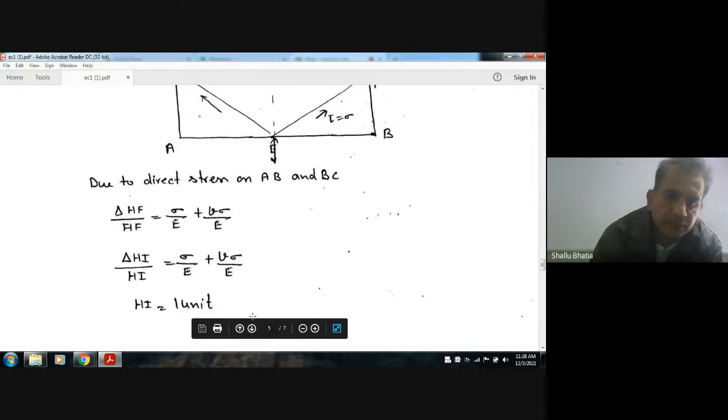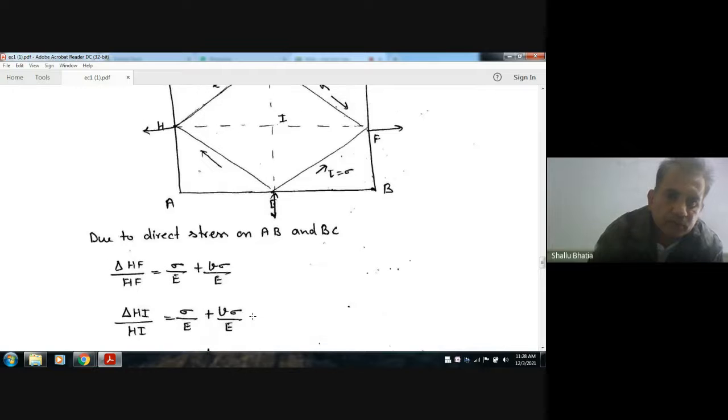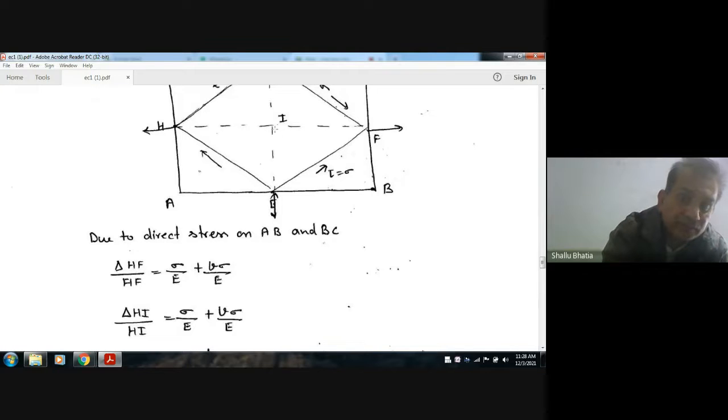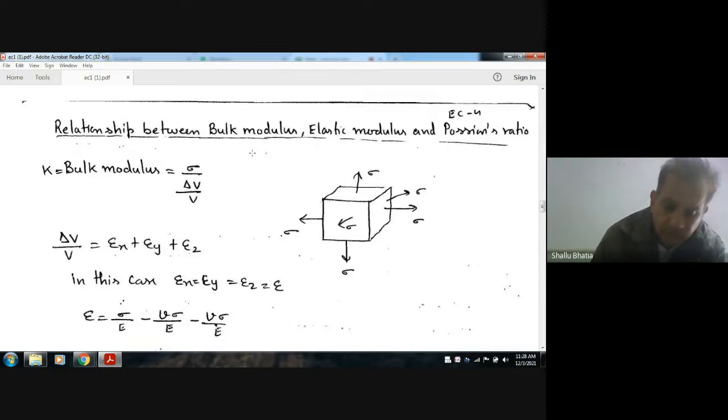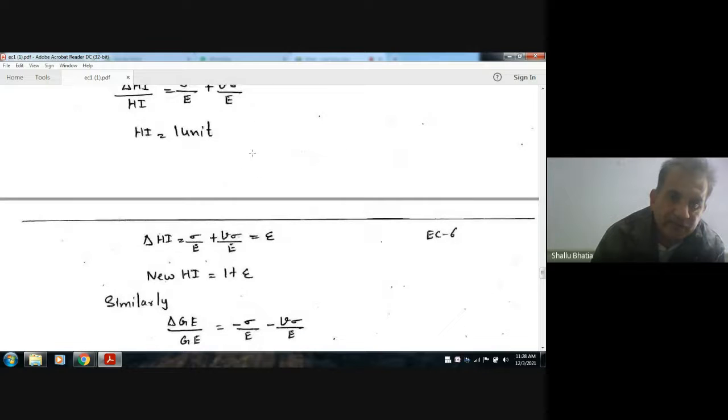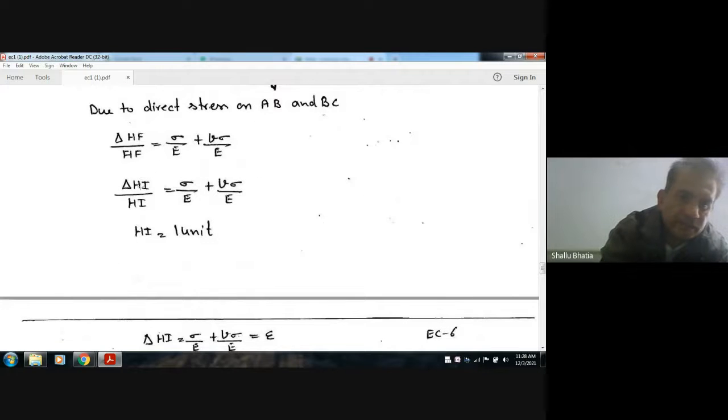Similarly, that is the change in HF by HF. Similarly, HI is half of HF, so del HI by HI is also the same, that is equal to del HF by HF. Now HI is 1 unit.